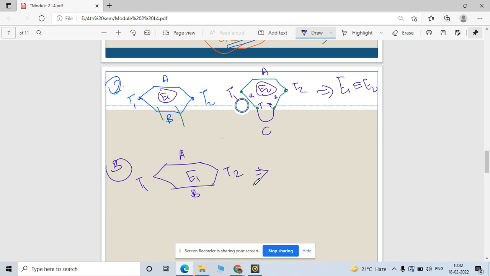Okay, so if this part is cut and a new metal is added, and the potential is observed, and that junction is, let's say, T, and this is your T, the common potential is observed for this part, and this is your T2, and the metal is the same, A and B, and the potential for this condition is E2.